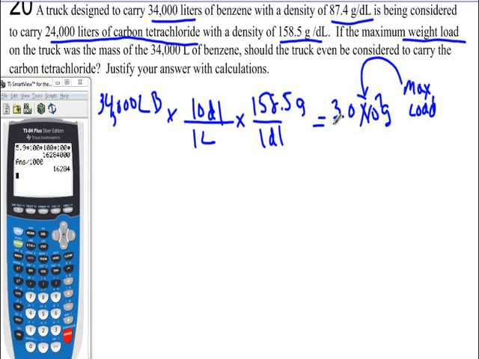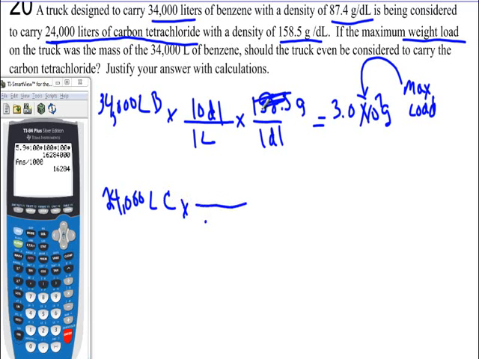Alright, so what I want to see is if I use this truck to use 24,000 liters of carbon tetrachloride, whether or not it exceeds that limit. So I have 24,000 liters of carbon. I'm just going to call it C for carbon tetrachloride. And again, I think I messed up the last one.